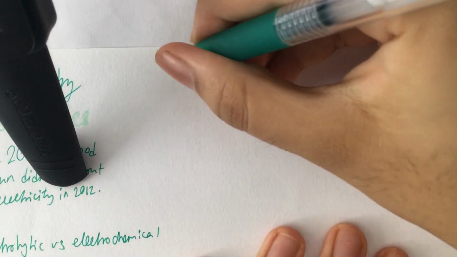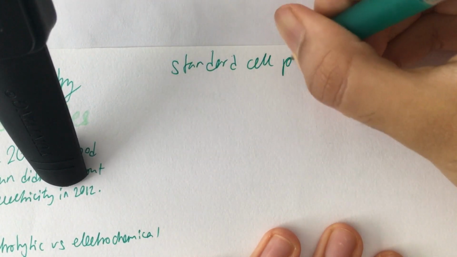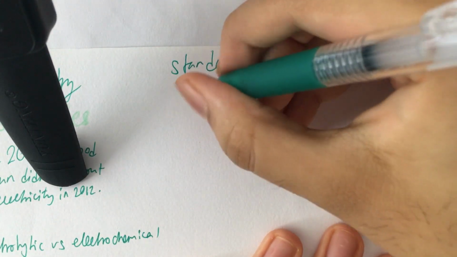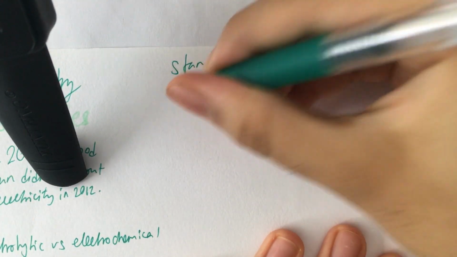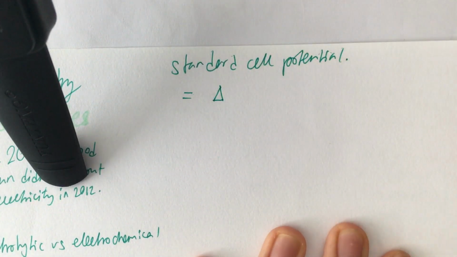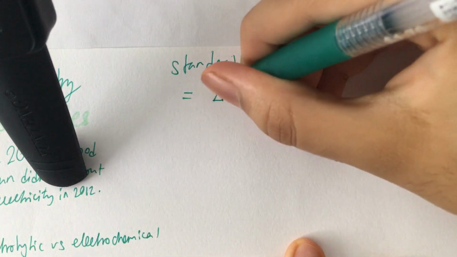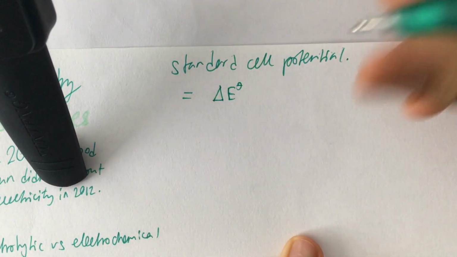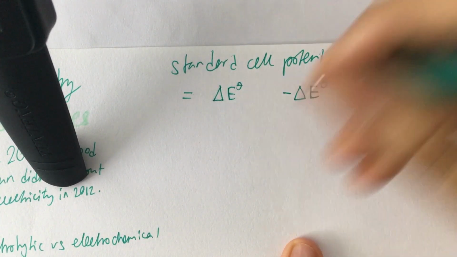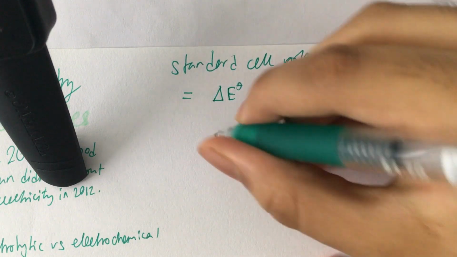Which one would you be minusing? In this case, we know that the standard electrode potential is based on the movement of electrons, right? As the oxidizing power decreases and the species becomes less easily reduced, the potential becomes more and more negative.